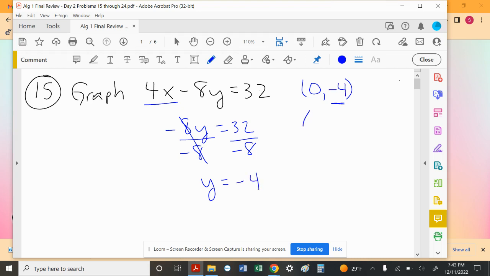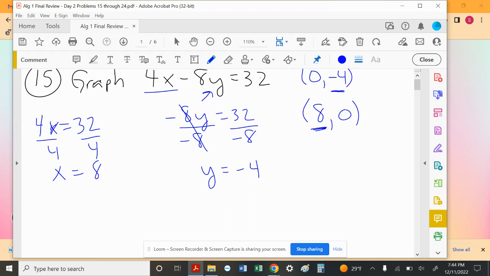And then to find the x-intercept, I make y equal to 0. I'm trying to find this number here, so I'm going to plug in a 0 for this one. So I get 4x equals 32, this is way easier, and divide both sides by 4. So x equals 8. So then I have my two intercepts: (0, negative 4) and (8, 0).